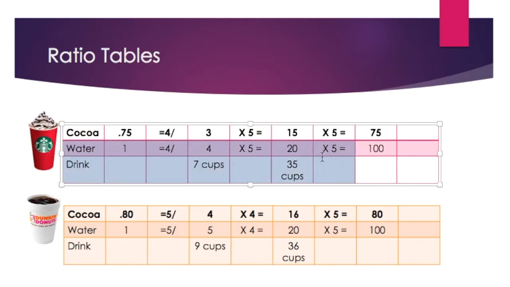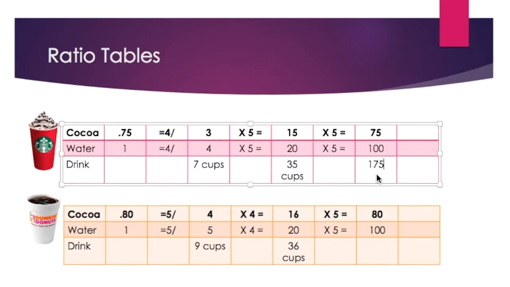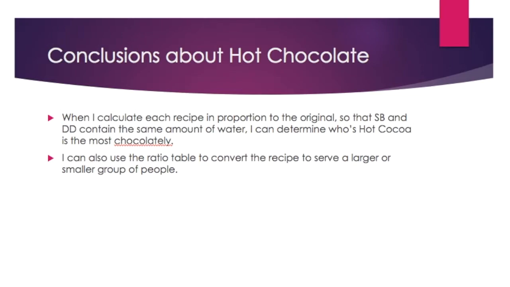Notice I included this row that said drink, and it was really the sum of the cocoa and the water together to tell me how much hot chocolate I was going to make total. So I would know that if I needed a lot of hot chocolate for a large group of people, I was going to use a certain proportion of chocolate to hot water to get the right flavor.